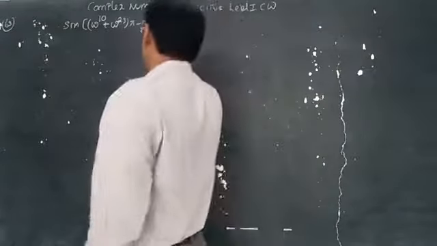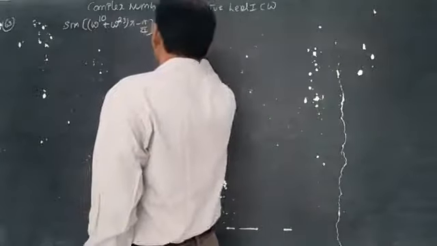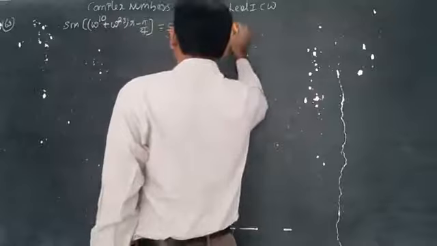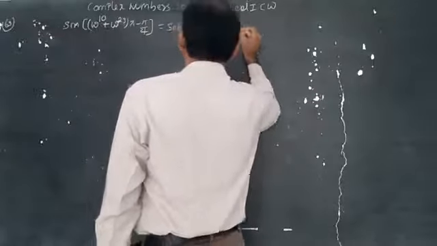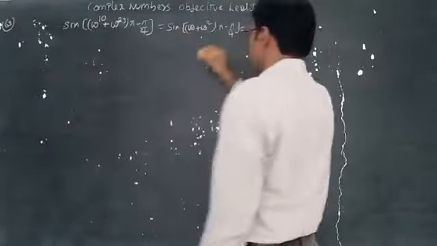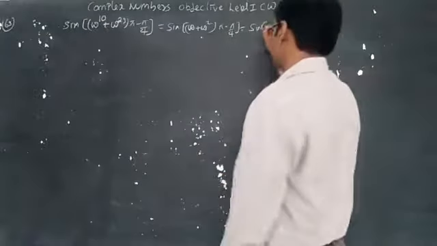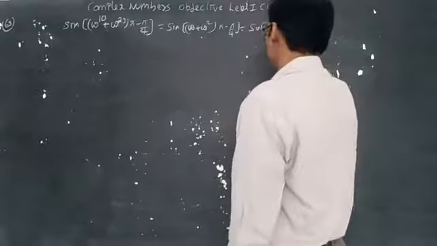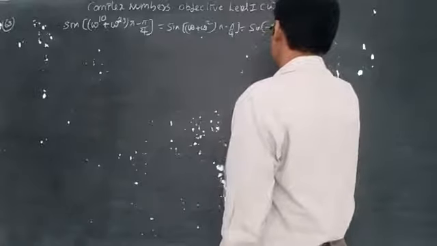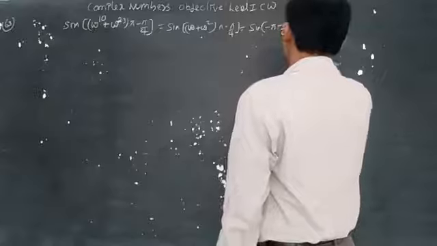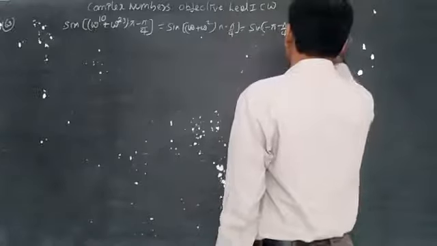So you can understand this as sin of (omega plus omega square) into (pi minus pi by 4). Since 1 plus omega plus omega square equals 0, omega plus omega square becomes minus 1. So minus 1 into (pi minus pi by 4) is equal to sin of minus 5 pi by 4.